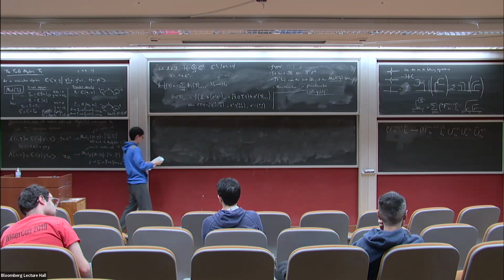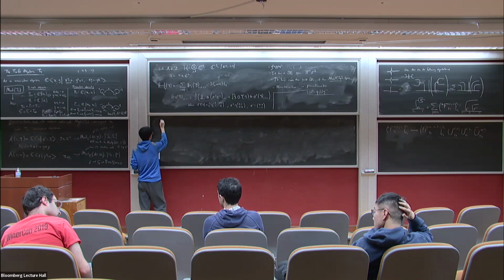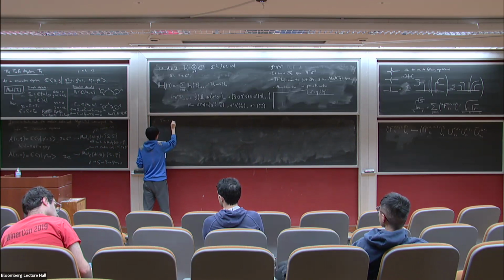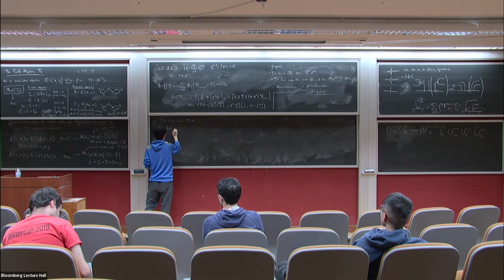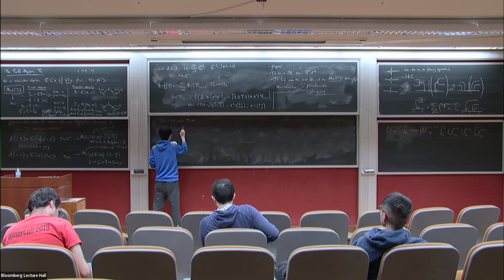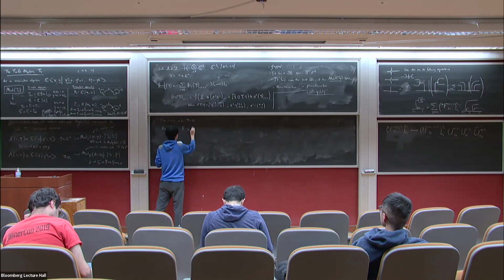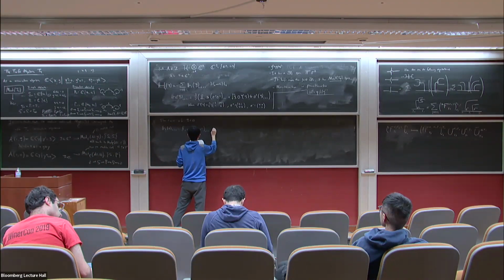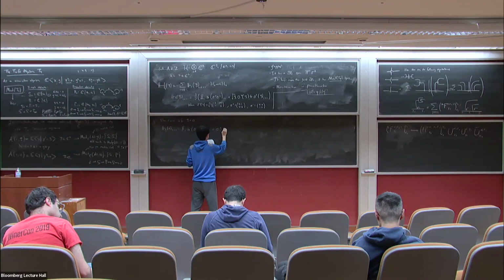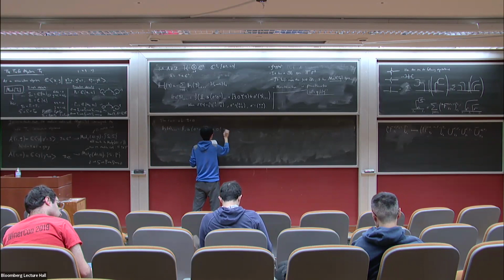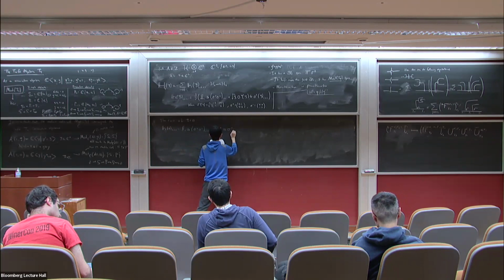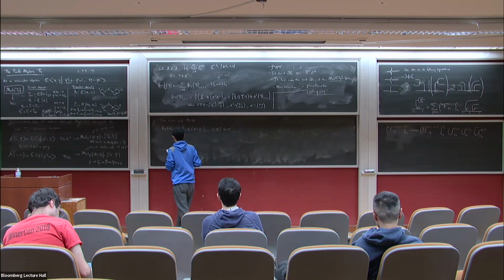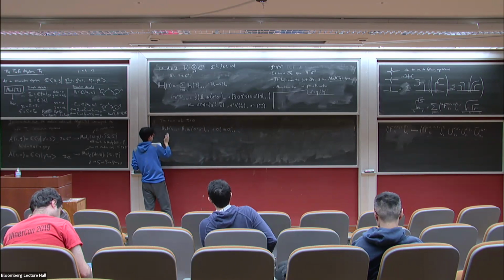Okay, so the case of C equals 0, so now we have H0 minus F plus 1.